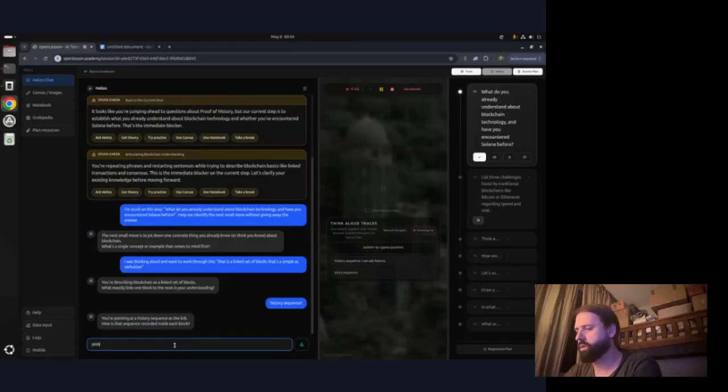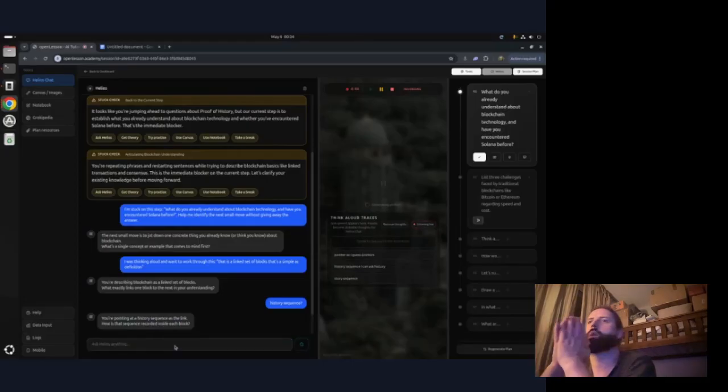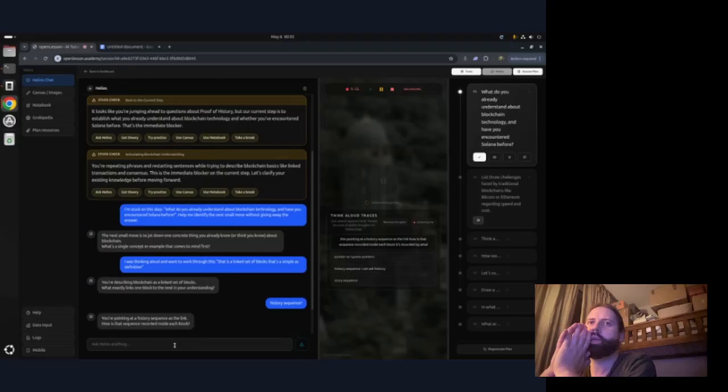Pointers. You're pointing at a history sequence as the link. How is that sequence recorded inside each block? It's recorded by what? By addresses?